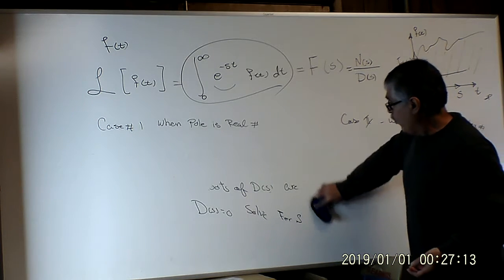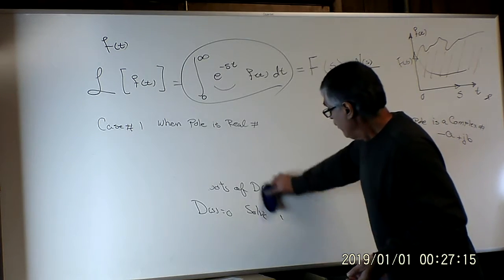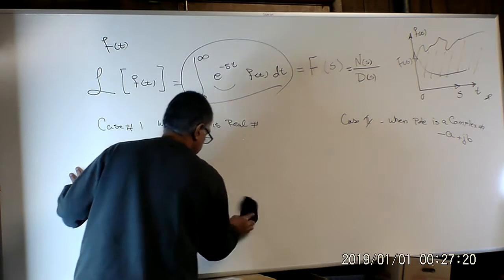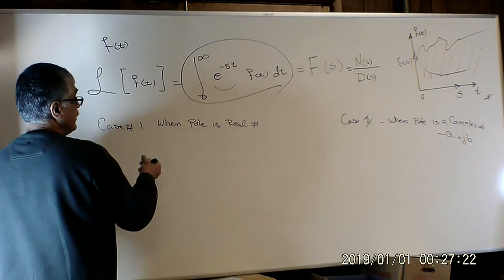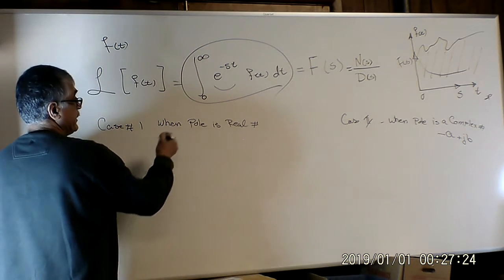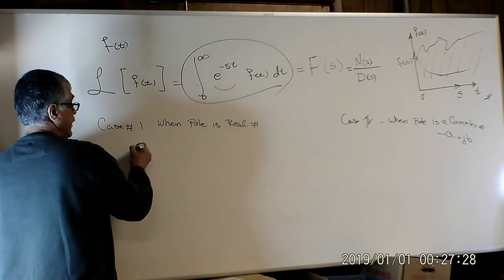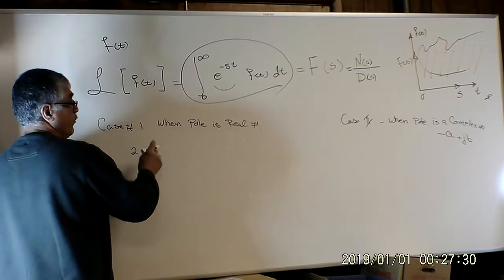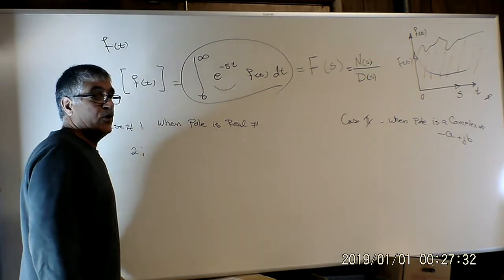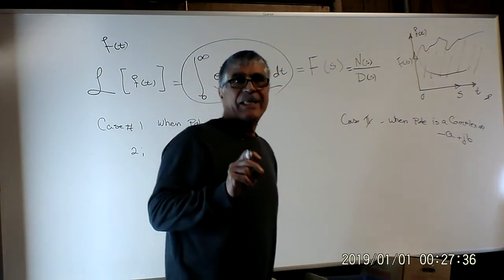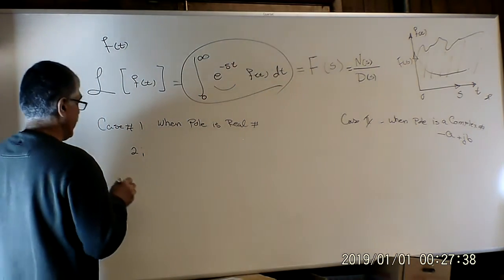So when the pole is a real number, step 2 is to find the coefficient, or the constant, associated with each pole.